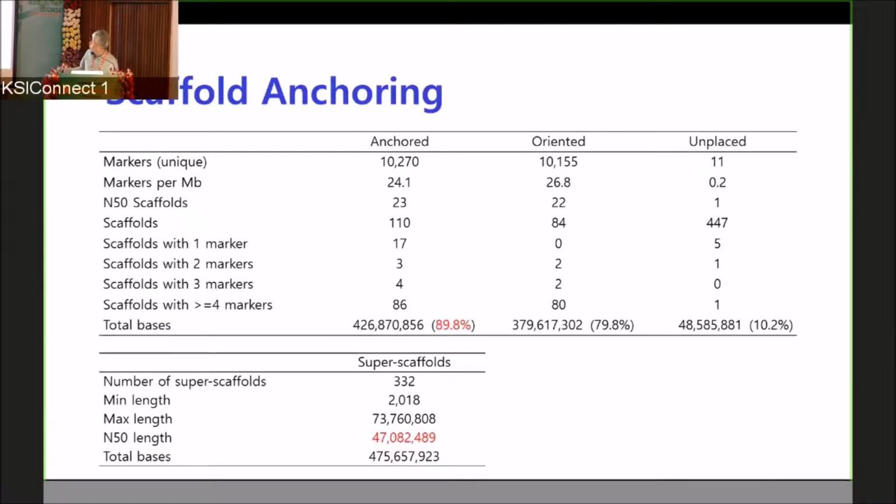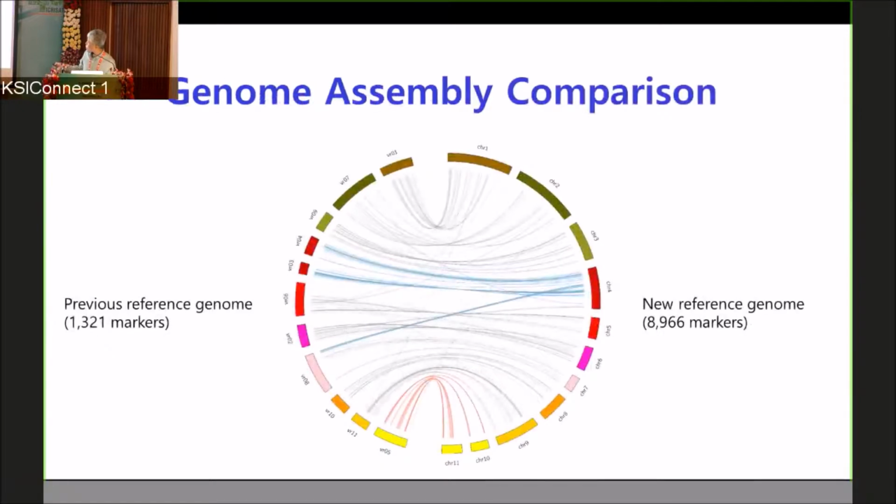And you can see a comparison of genome assembly of our previous reference genome and the new reference genome. As you see here, about 1,300 markers were mapped on the previous genetic map, and this one has about 9,000 markers. Some fragments in the previous assembly on different chromosomes were merged into one chromosome, and also some fragments in one chromosome were split into two different chromosomes.